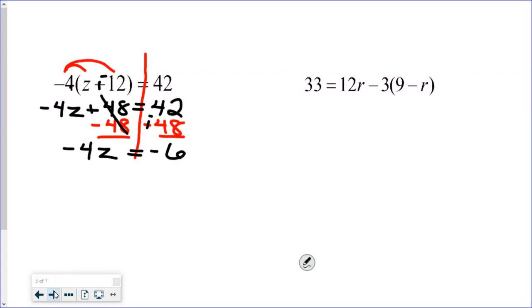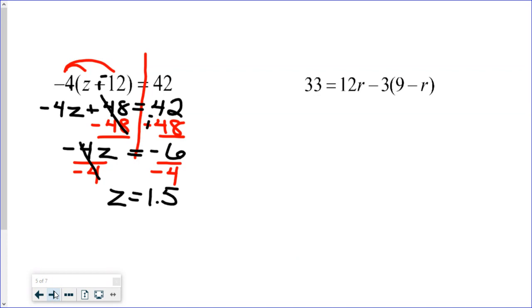Either way, you're ending up with -6. Okay, and now last step, and you're going to show all of this work, dividing by -4. So in your calculator, if this makes you panic a little, just do -6. Remember, it's not a minus sign, it's negative. Divided by -4, and you get 1.5.